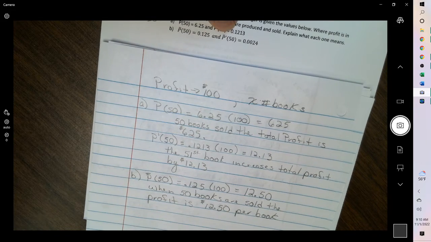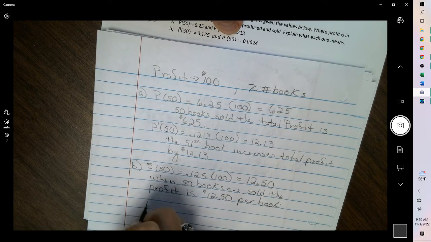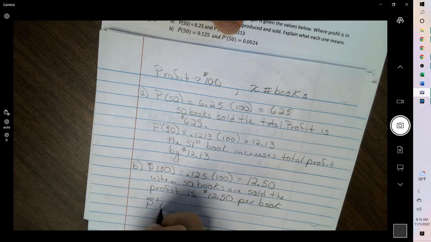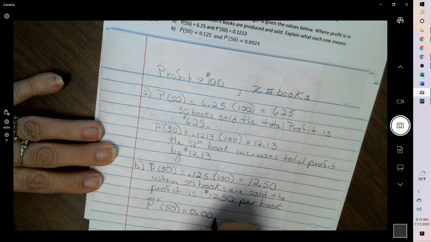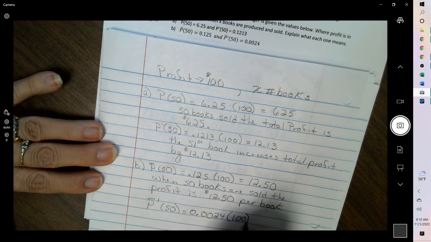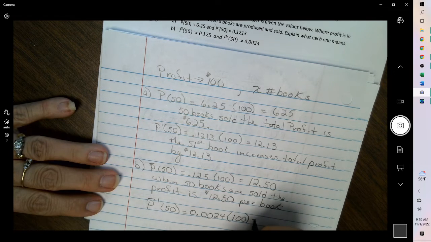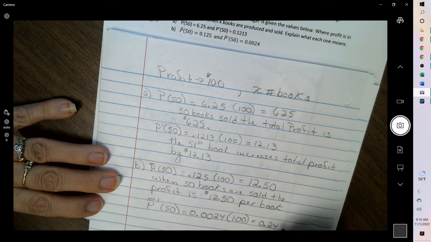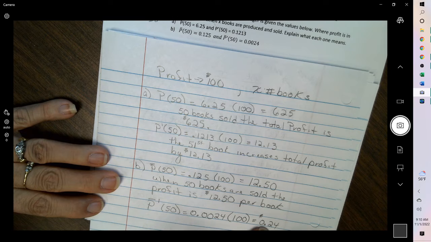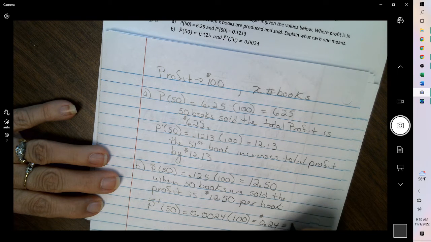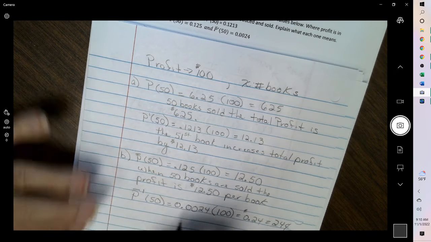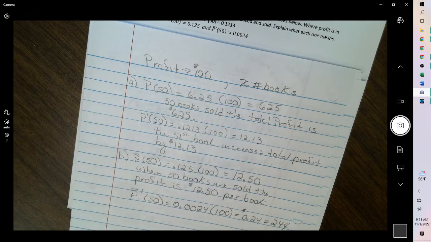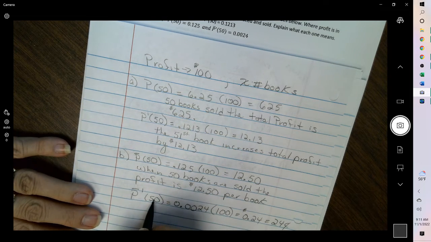And then the one with the line over it and the derivative, multiplying by 100 because it's in hundreds. This would be $0.24, which is 24 cents. Remember, derivative tells you the next one. So we're selling 50.